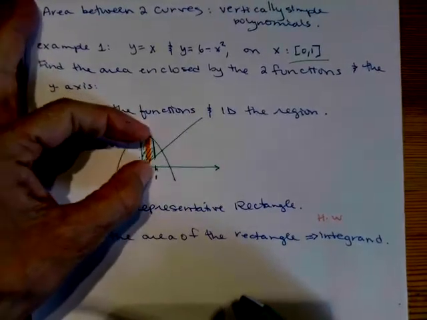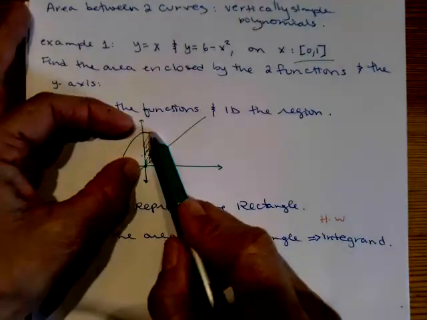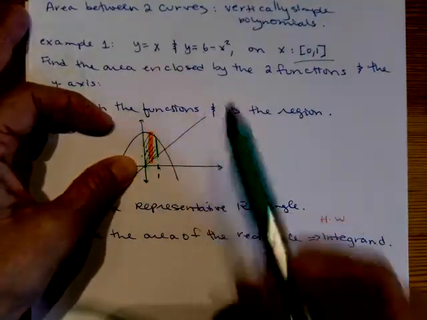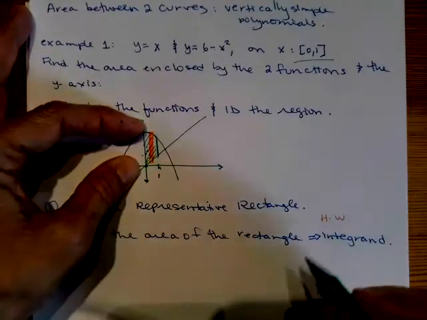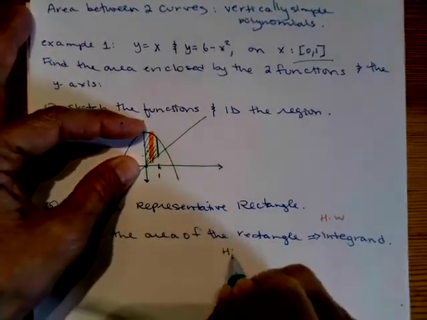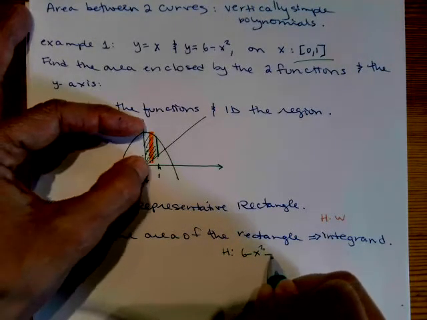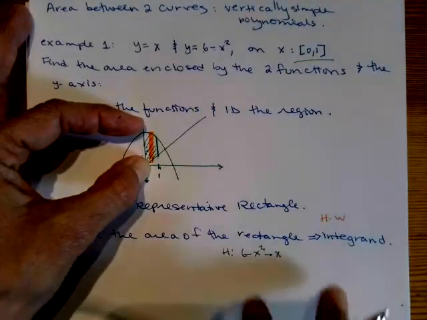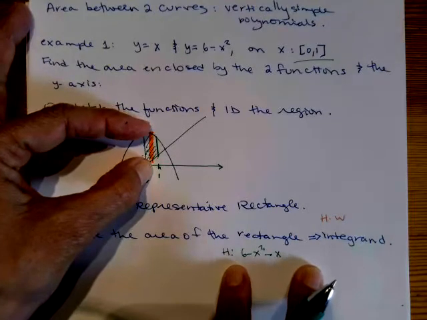But here, in this little region between x equals 0 and x equals 1, the 6 minus x squared function is always on top, and the y equals x function is always on bottom. Cool. So the height is going to be the top function, which was 6 minus x squared, minus the bottom function, which was x. Okay, so that's the height of the representative rectangle.